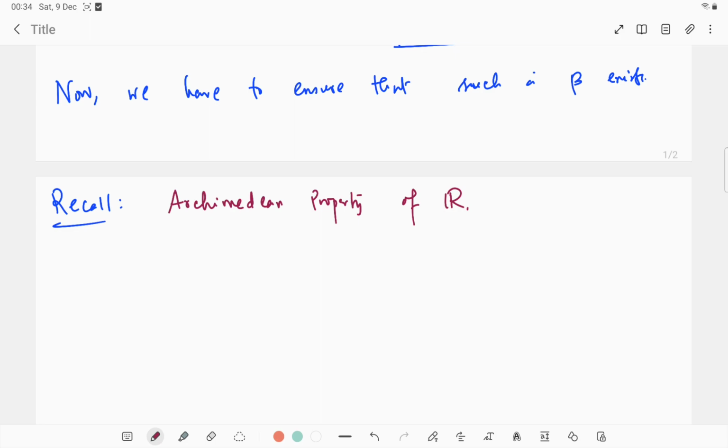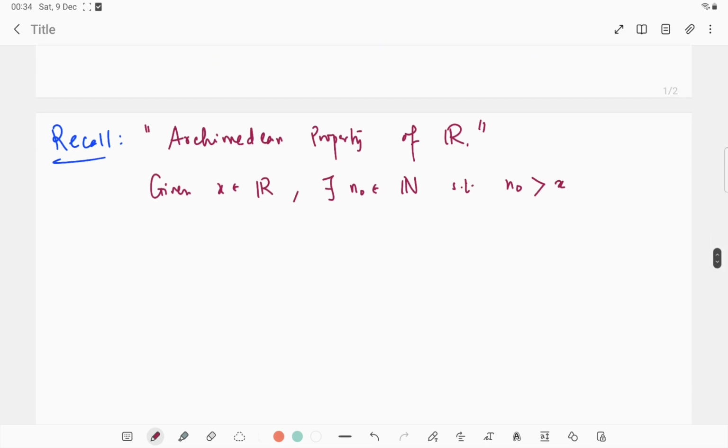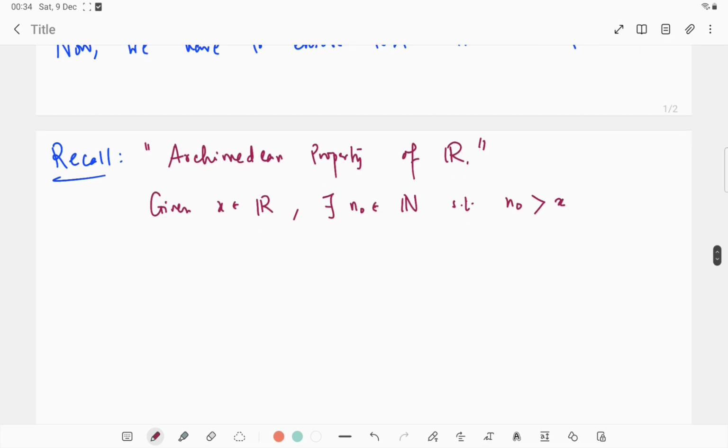It says that given any x inside R, there exists an n naught inside N such that n naught is greater than x. So it is basically the Archimedean property.